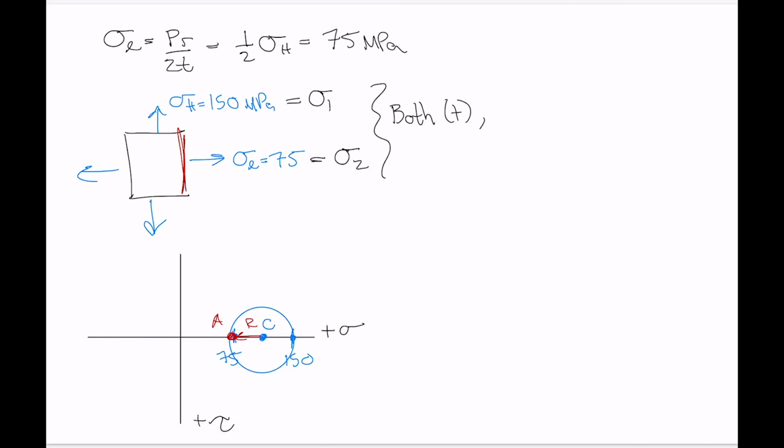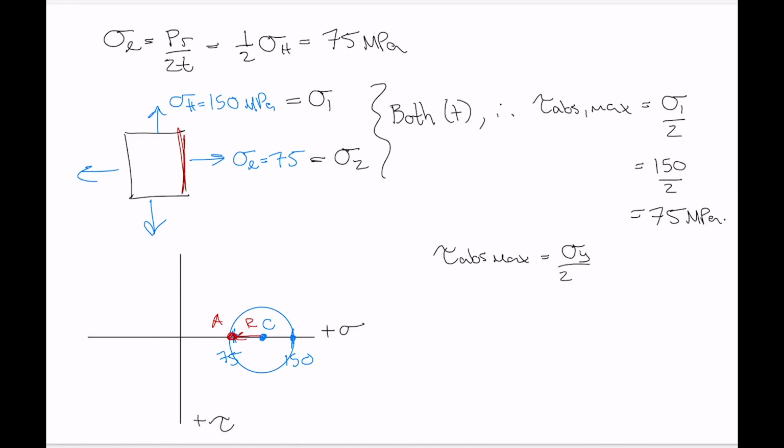Therefore our absolute maximum shear stress in this question is equal to the value of the first principal stress divided by 2, which is 150 divided by 2, which is 75 megapascals. So now we can go ahead and apply the theory. We've got tau abs max equals sigma y divided by 2 times our safety factor.